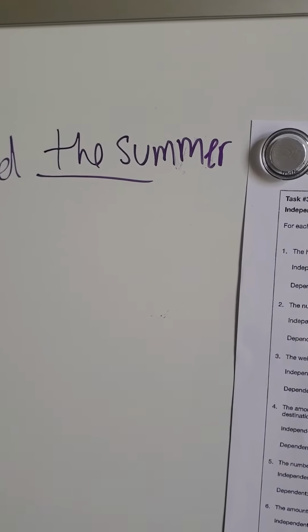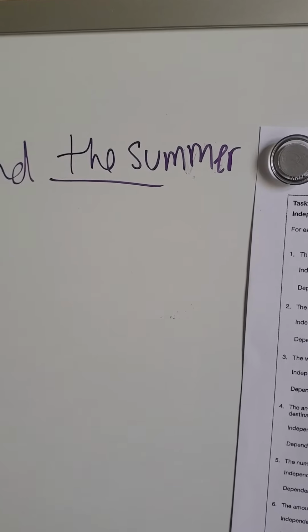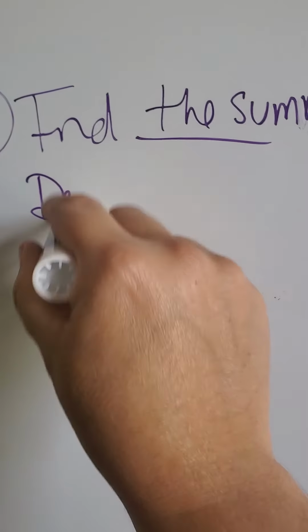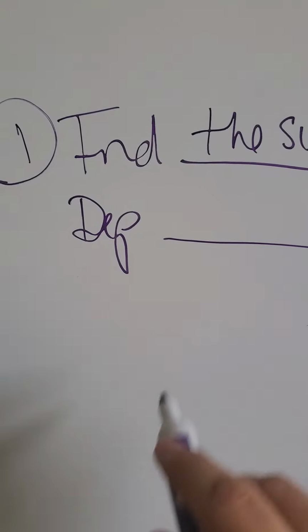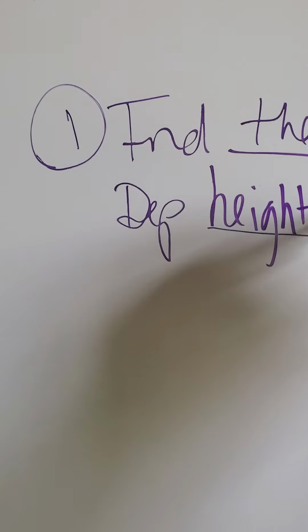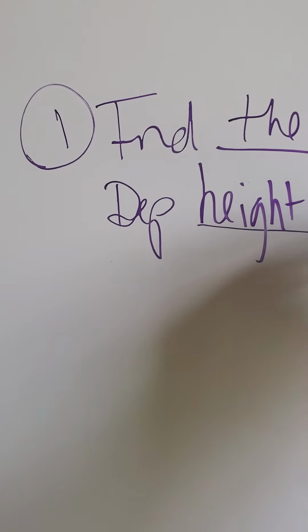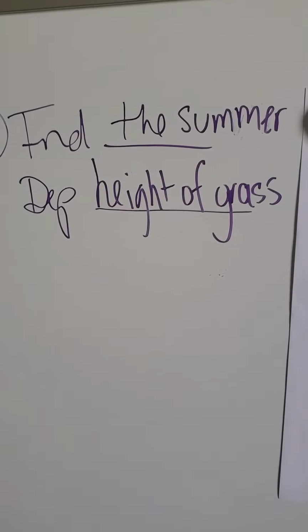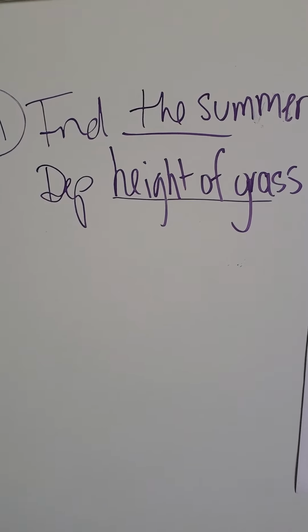Okay, and then the grass is going to depend on how that summer went. So dependent, I'm going to put height of grass. Makes sense so far, guys? Height of grass. So number 1, independent, the summer, dependent, height of grass.